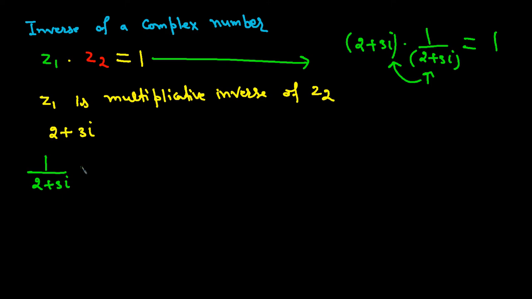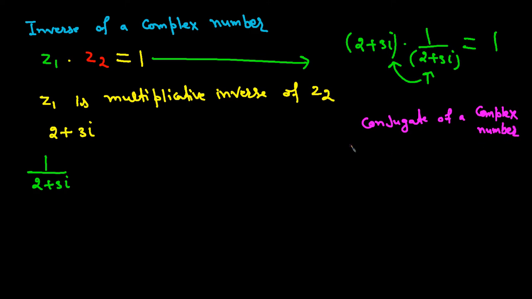And we can rewrite it, and that's where we're going to use another concept. It's called the conjugate of a complex number. Let me write it here. What is a conjugate of a complex number?